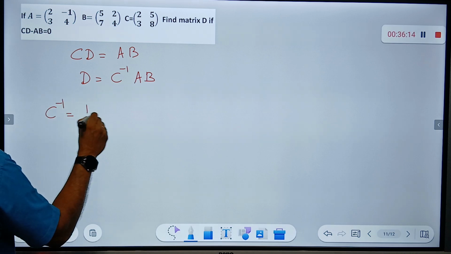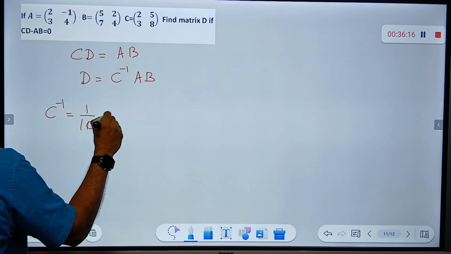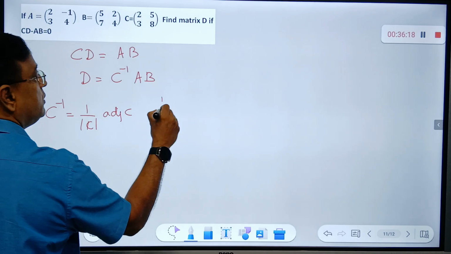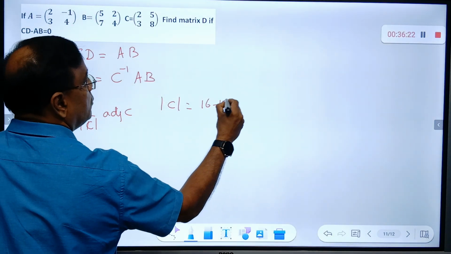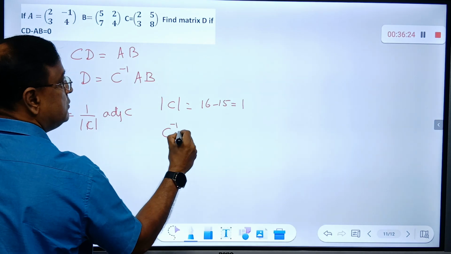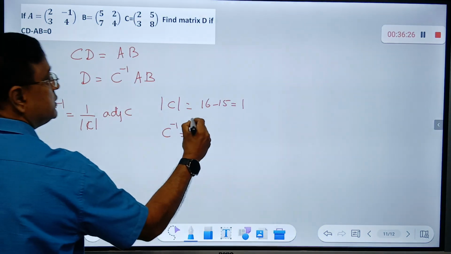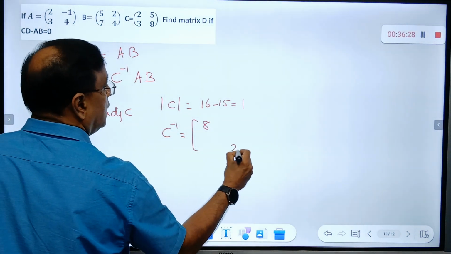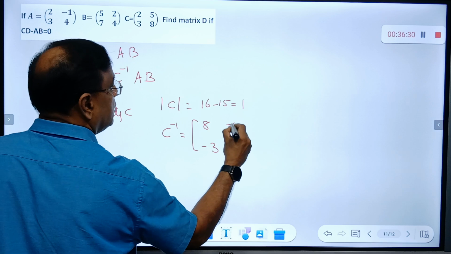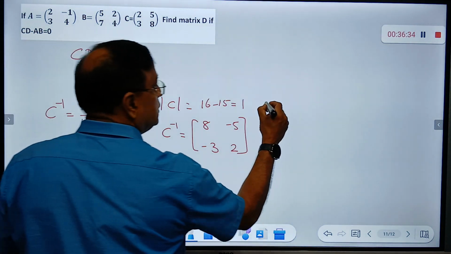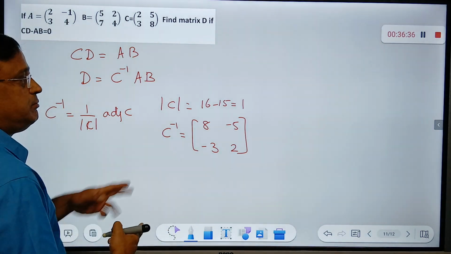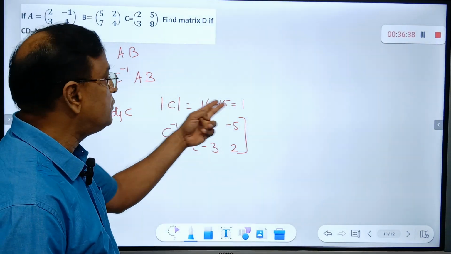To find C inverse, what do you do? 1 by determinant of C into adjoint of C. What is determinant of C? It is 16 minus 15, which is 1. What is C inverse? Interchange the diagonal element and change the sign of the other diagonal. Adjoint and C inverse are the same because determinant of C is 1.